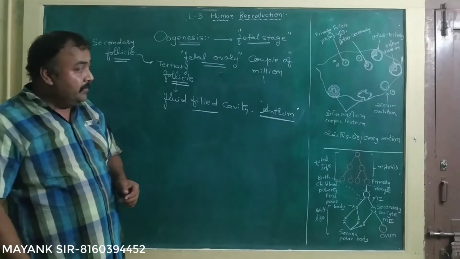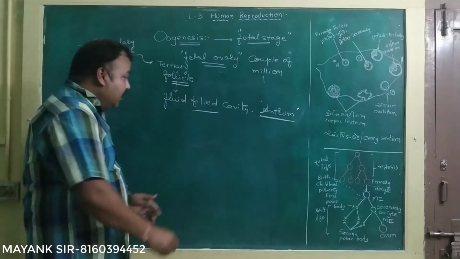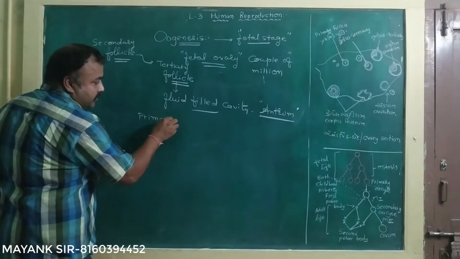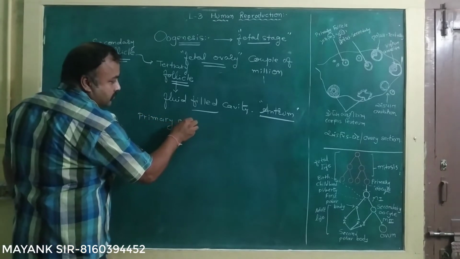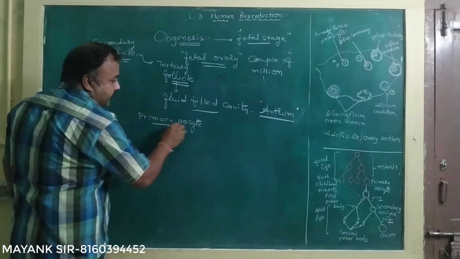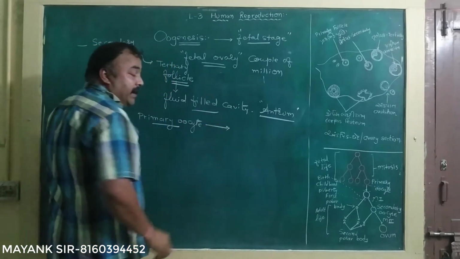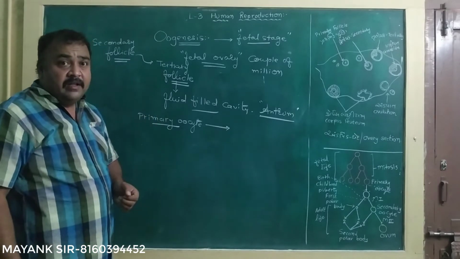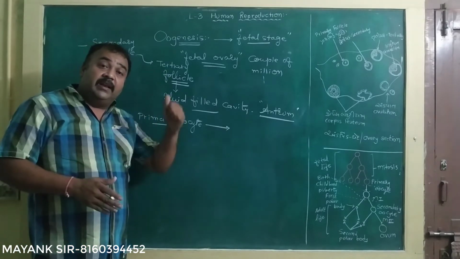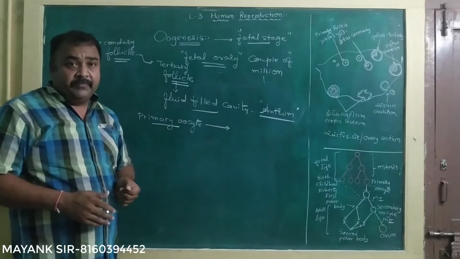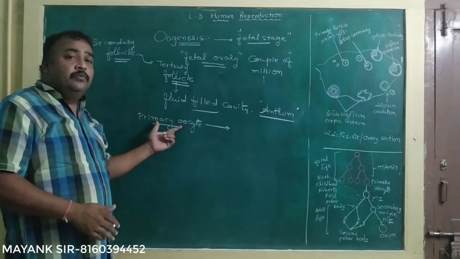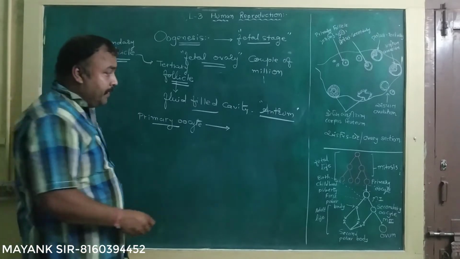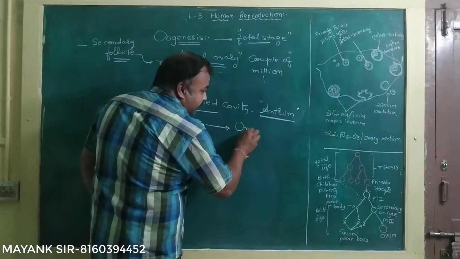And here, in the tertiary follicle, the primary oocyte completes its first meiotic division. As I told you earlier, it was arrested in prophase 1. Now the primary oocyte completes its first meiotic division, which is an unequal division.